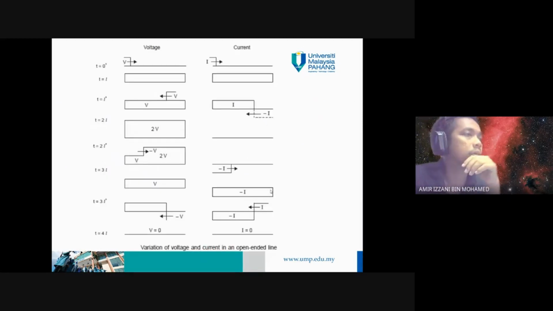And this is a summary at different times. T equals 0, T equals L, where L is the length of the transmission line, then 2L. Reflected here, so this is at the source.